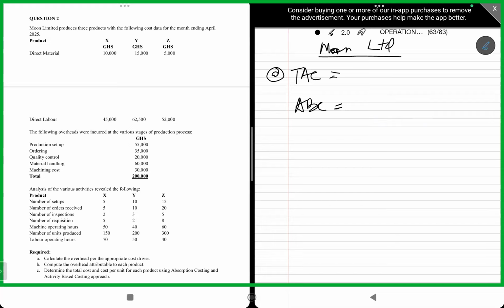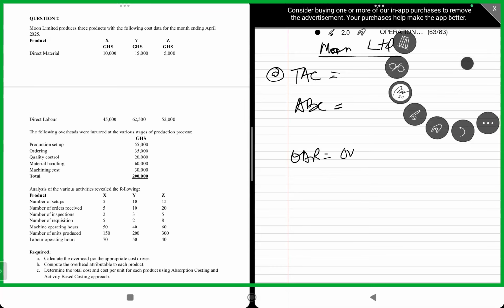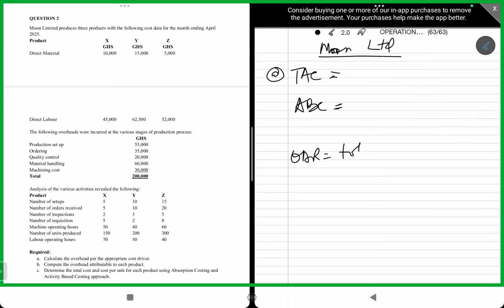So what is the formula for overhead? Overhead or OAR. What's the formula for OAR? We will say that overhead, total overhead over total activity level. That's the general formula for OAR.